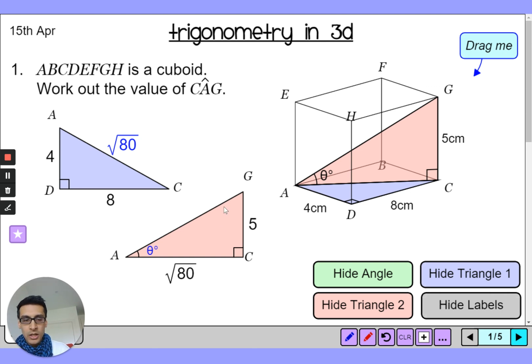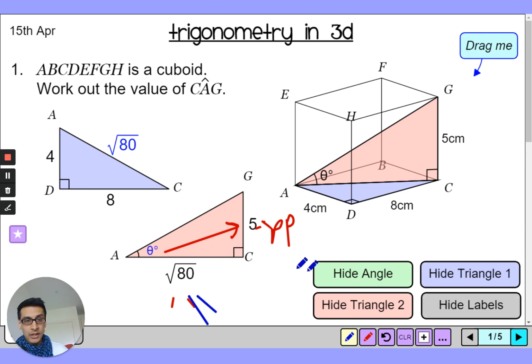So I know that I have the opposite, obviously that says opposite there, and I have the adjacent. That obviously says adjacent there.